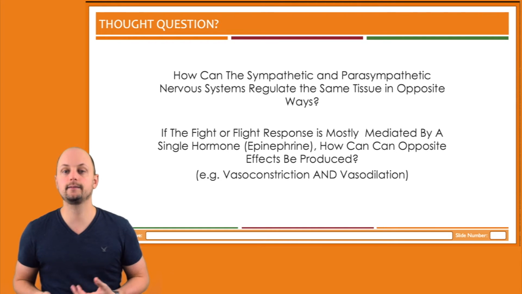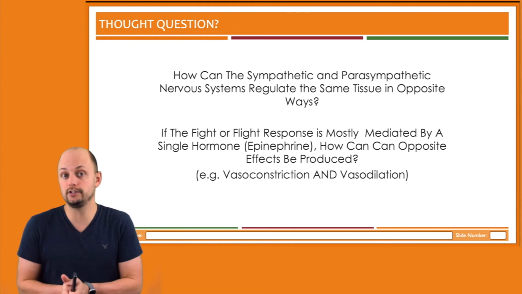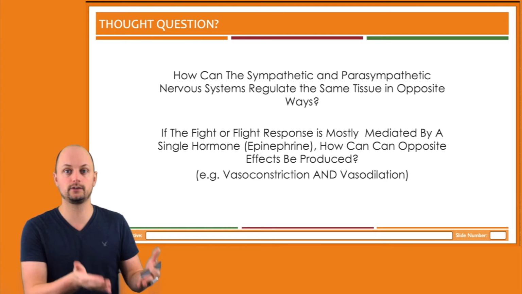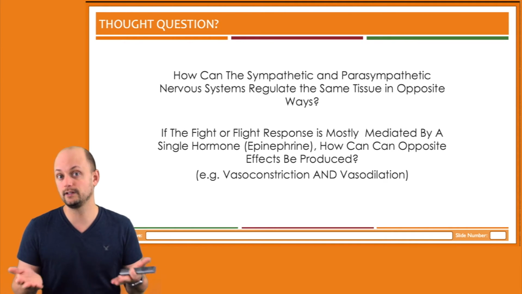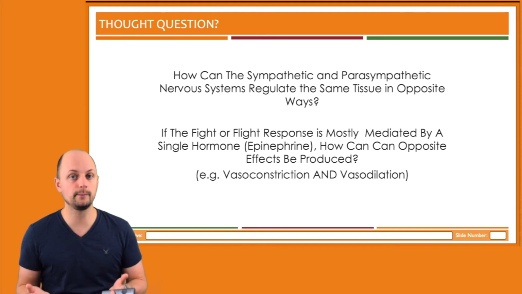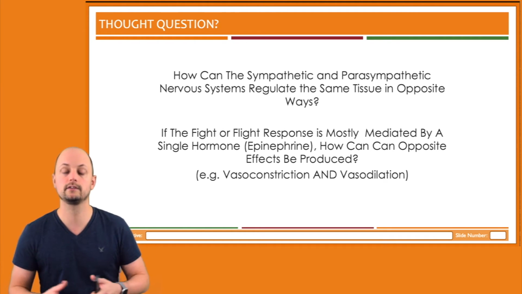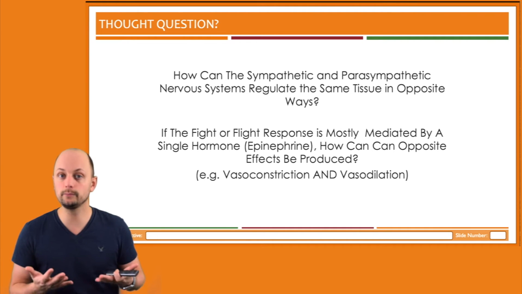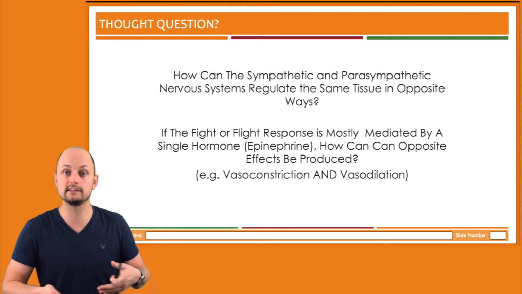The second thing that's a little bit weird is that sometimes even using only one division, so say only the sympathetic nervous system, we can get opposite responses in the exact same tissue type. So for example, if we think about smooth muscle during the fight or flight response, in certain places inside the body, it's going to relax to increase the blood flow.